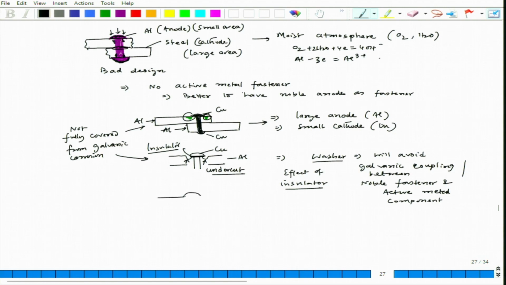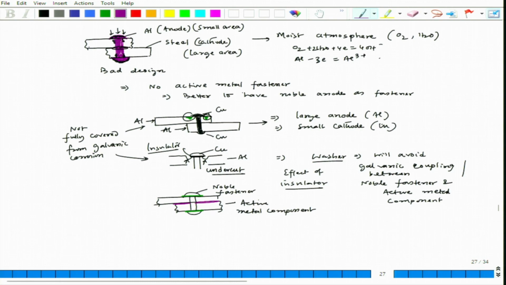Okay. So, I can say that this is not good at all, but we can have it like this. Let us say this is my noble fastener. This is the active metal component. So, what I will do, I will put a small insulating piece here, as well as I will try to block this portion.